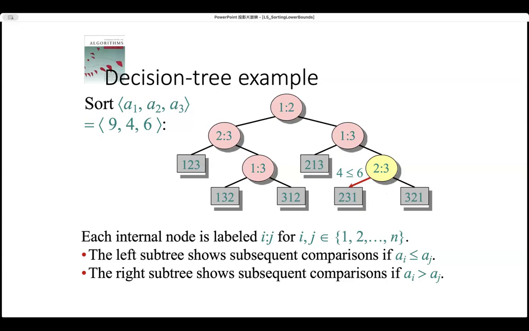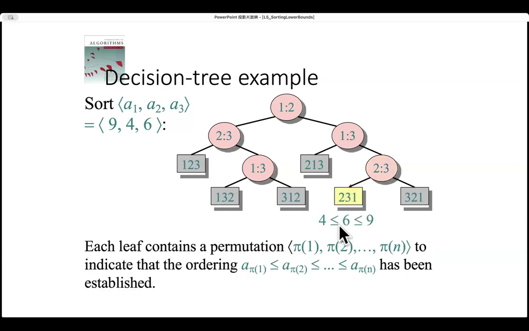4 is smaller than 6, so you go to the left. So it becomes 2, 3, 1. So the second number is the smallest one, and then the third number, which is 6, and the first number is the largest one, 9, right?